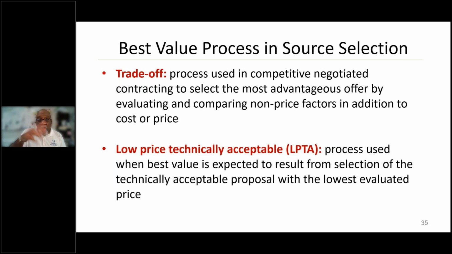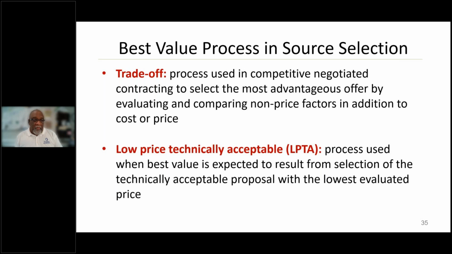An alternative approach is the low price technically acceptable. Okay? Not a fan personally, but you got to know what it is. So when you're faced with it, when you see it being publicized, you know what to do.